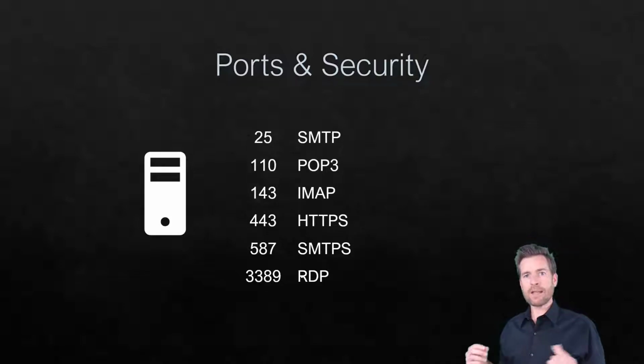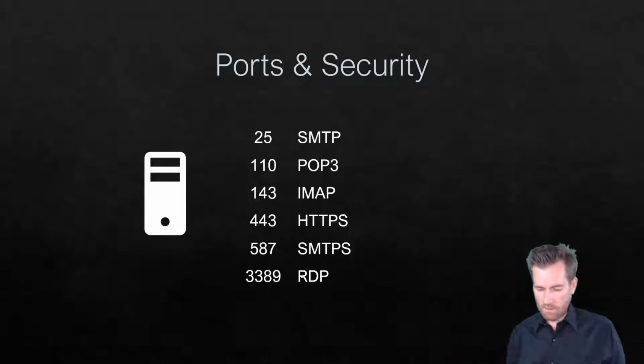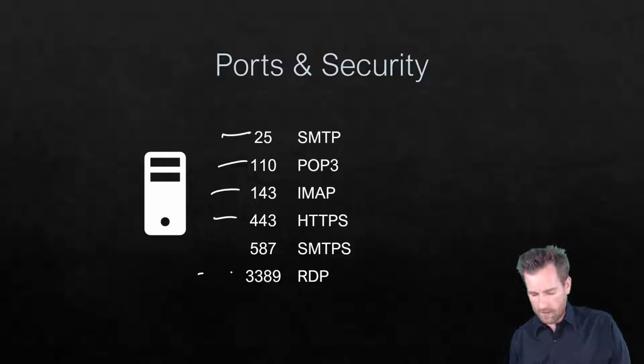And so it opens up your box, and somebody could potentially leverage that to get access to the rest of your box. In this example right here, we've got some email applications and some web surfing, and we've got RDP that's opened up.